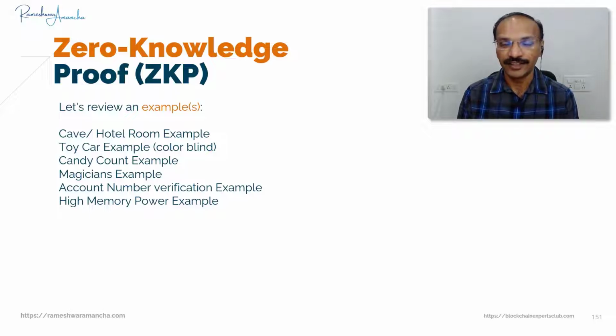The second example is about being colorblind. Let's say these are two identical toys. One is blue, the other one is yellow. Assume that you don't see yellow, you see only blue. You're colorblind, so instead of yellow, you see blue.